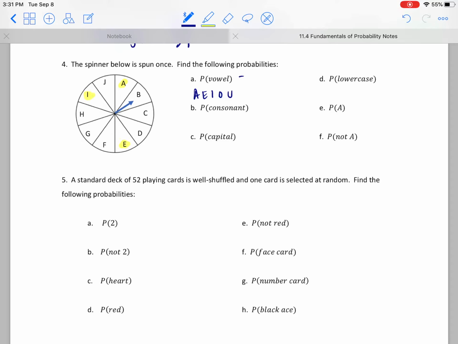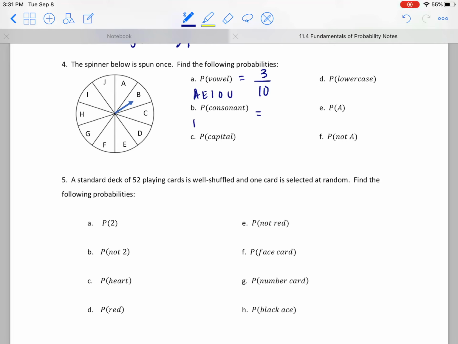That would be 3 vowels out of, that was 1, 2, 3, 4, 5, 6, 7, 8, 9, 10 options total. So 3 out of 10 is the probability of landing on a vowel. And that doesn't reduce, but 3 out of 10 or 0.3 or 30% would all be fine.